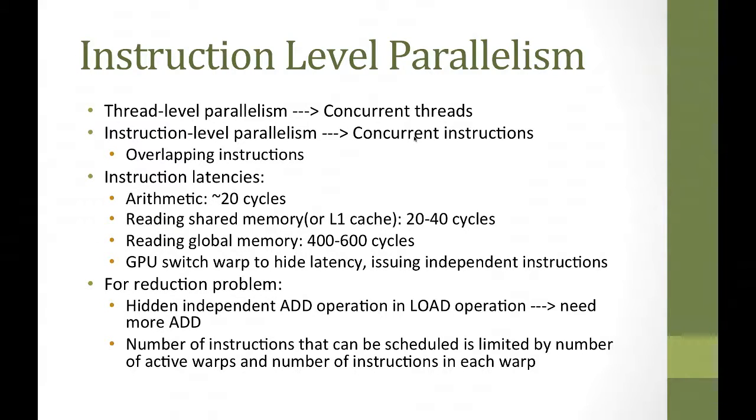If you reach 100% occupancy, that means you reach the limit on the number of active warps. Another thing you can do is increase the number of instructions in each warp. That is called instruction-level parallelism, because we bring more instructions to the scheduler, and then the scheduler can switch between warps and between different independent instructions to hide the latencies.